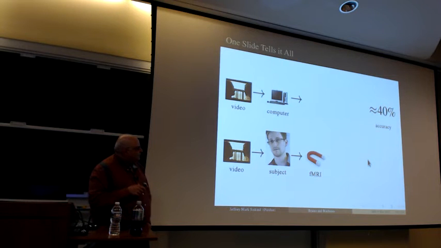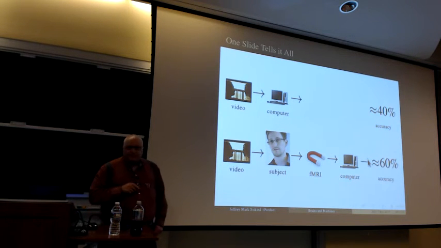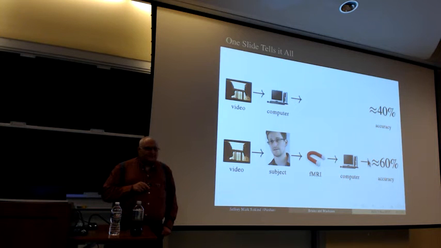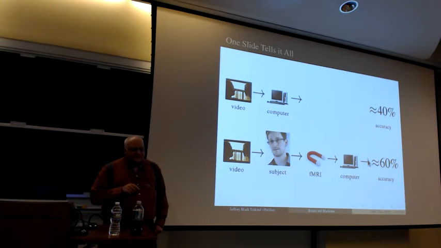But instead of processing the video, we're going to process the output of the fMRI by a computer, and we're going to beat the pants off of existing computer vision systems. We're going to be able to read people's minds better than state-of-the-art computer vision systems recognize activity.